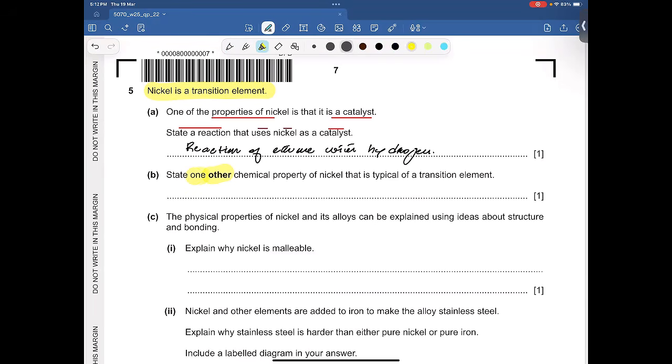State one other chemical property of nickel that is typical of a transition element. Nickel shows variable oxidation states. And also you can write it forms coloured compounds.